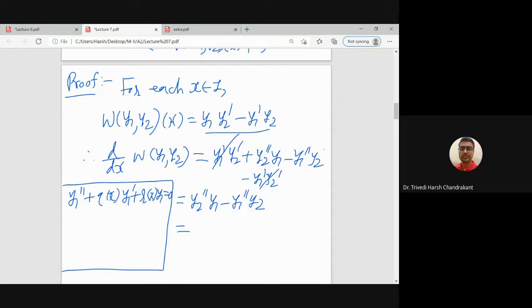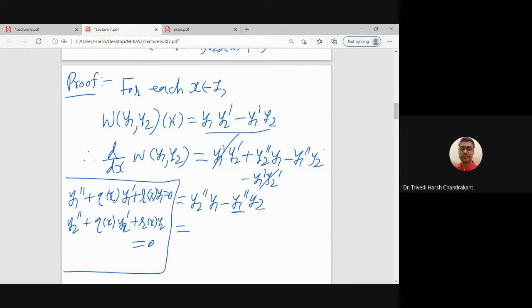Similarly, y2 is also a solution of the given differential equation.